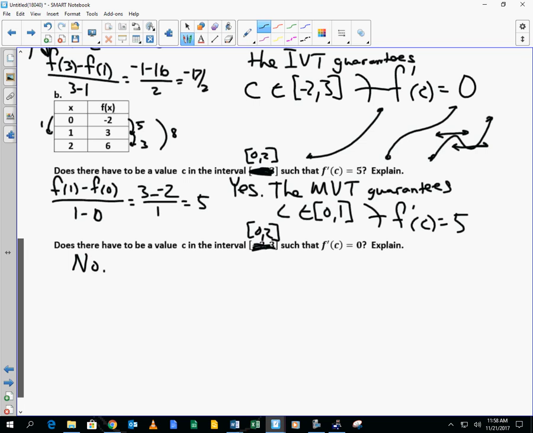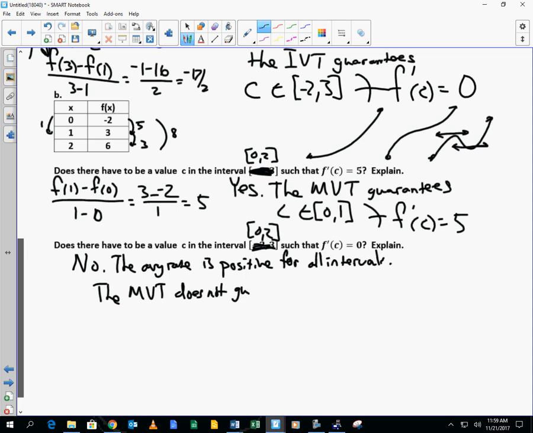No. The average rate is positive for all intervals. The mean value theorem does not guarantee C.